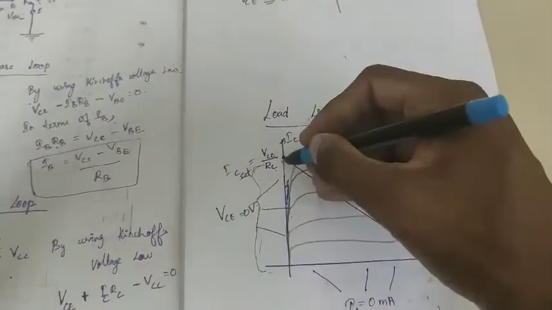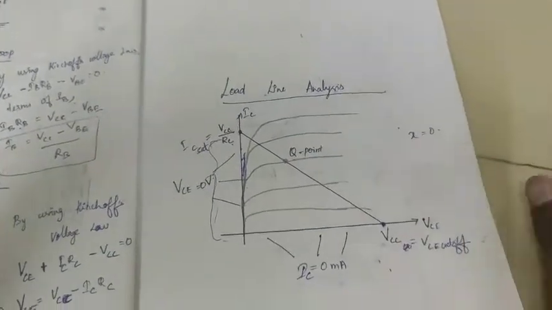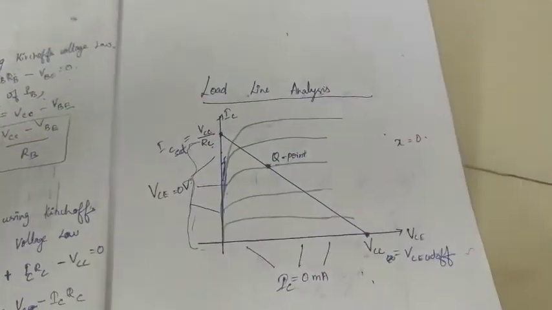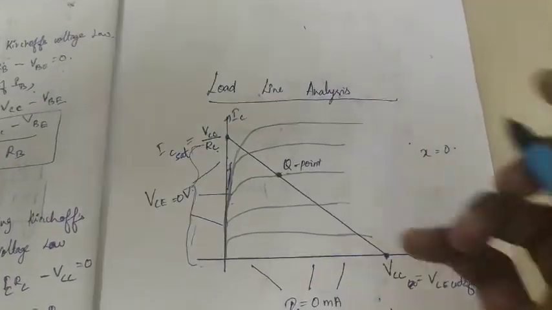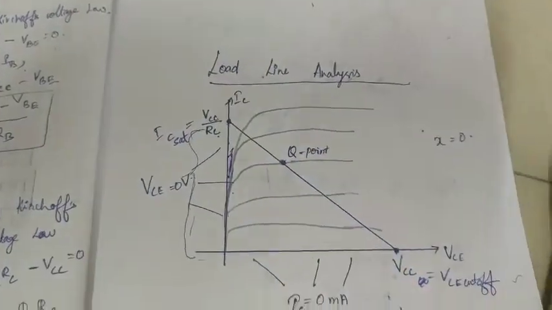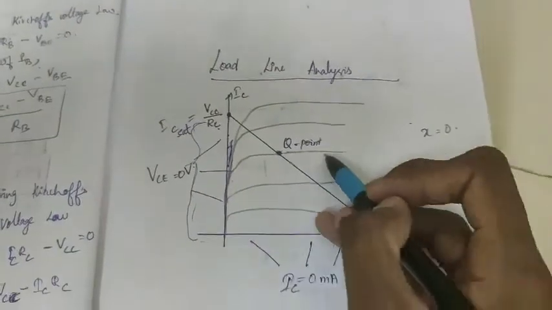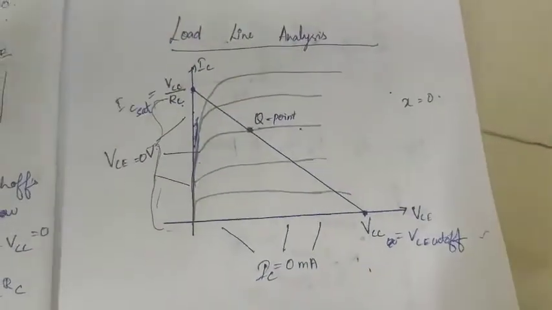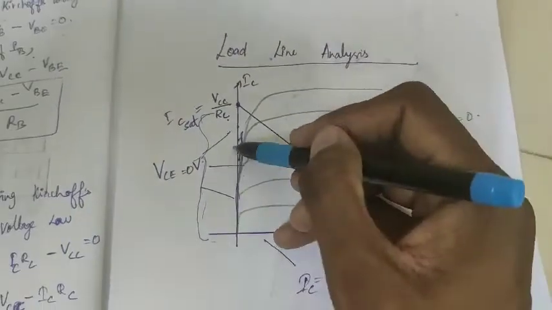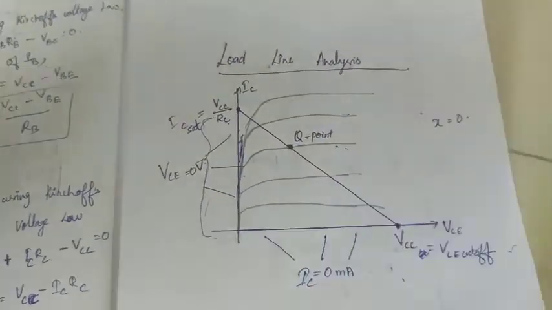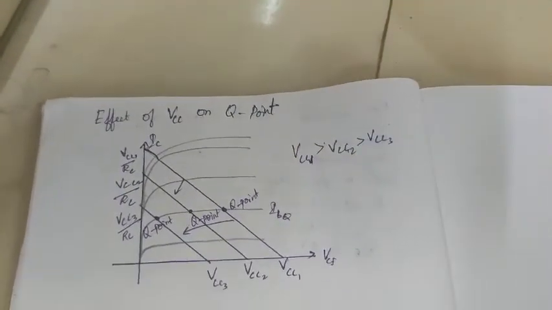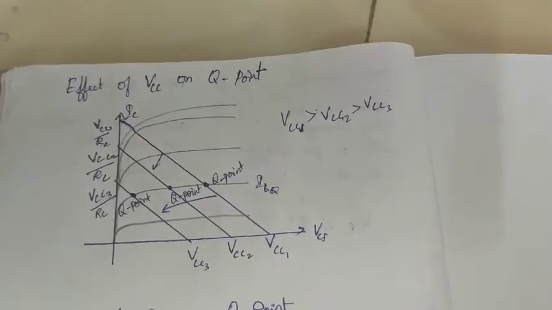When I plot a line for this, that is the load line, and the intermediate point is the Q point, and Q point is not only for this one alone, we can plot a Q point in every plot of a graph. We can see it later on.